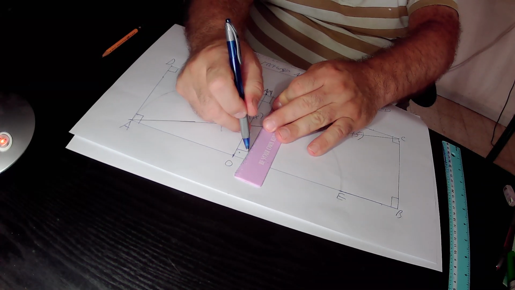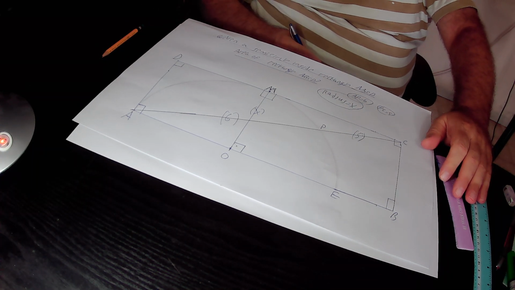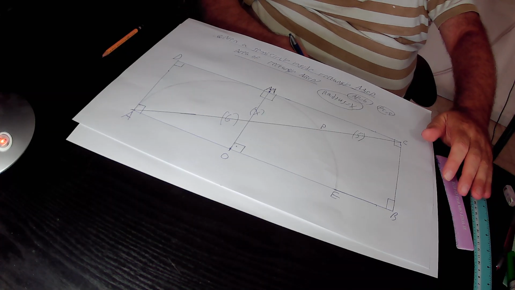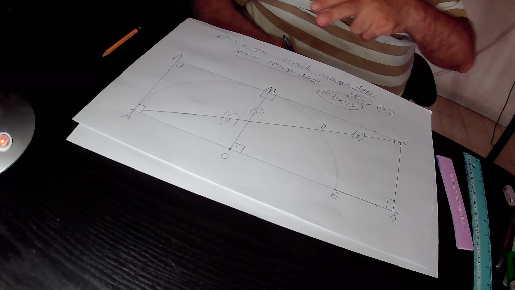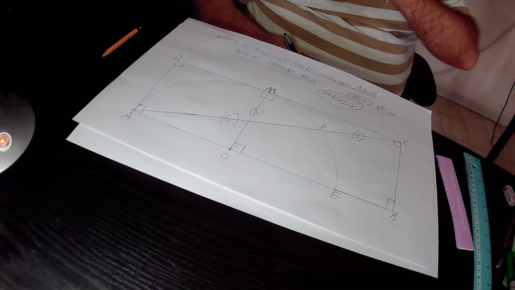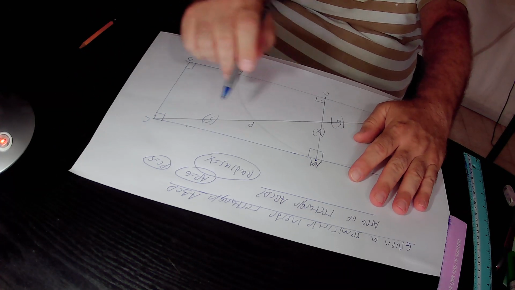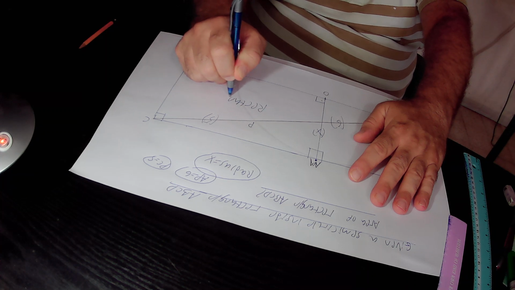So inside quadrilateral MOBC, we have four right angles, and according to rule 5, any quadrilateral that has 4 right angles must be a rectangle or a square. So this quadrilateral is a rectangle because it has 4 right angles. So I write it down. This quadrilateral MCBO is a rectangle according to rule 5.